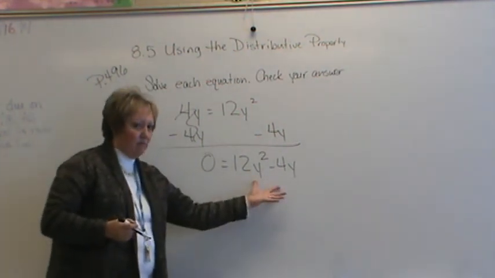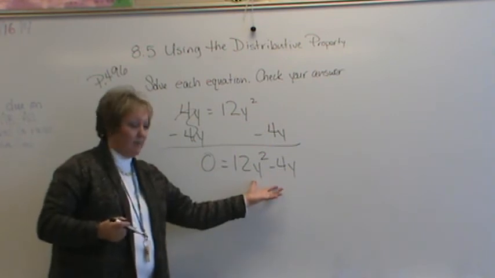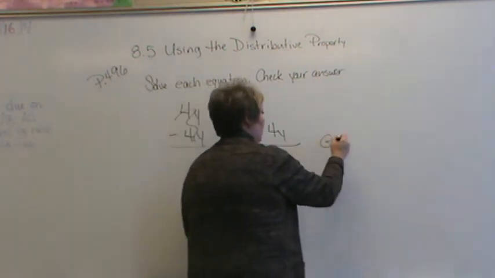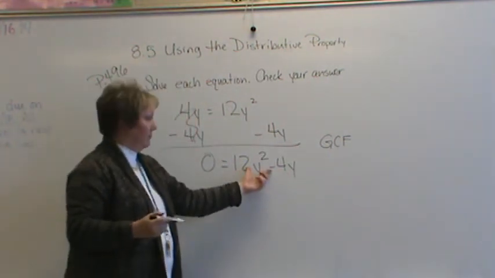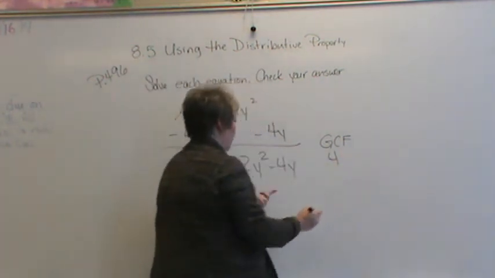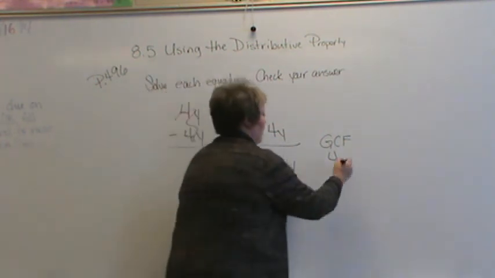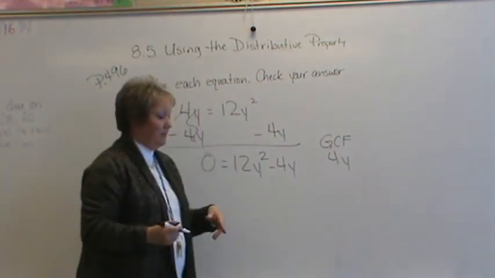Okay, now, greatest common factor. Do I have one? You better say yes. My GCF here, with the coefficients, I can factor out 4, and with my variables, I can factor out a y.